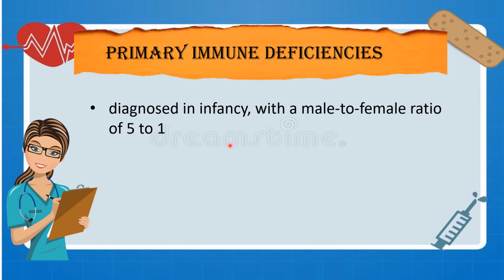Majority of the primary immune deficiency diseases are diagnosed in infancy, with a male to female ratio of 5:1. However, some PIDDs are not diagnosed until adolescence or early adulthood, when the gender distribution equalizes. So diagnosis at this stage is frequently confounded by frequent use of antibiotics that usually mask the symptoms.